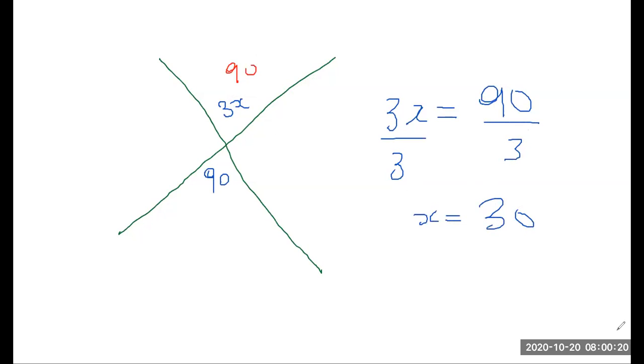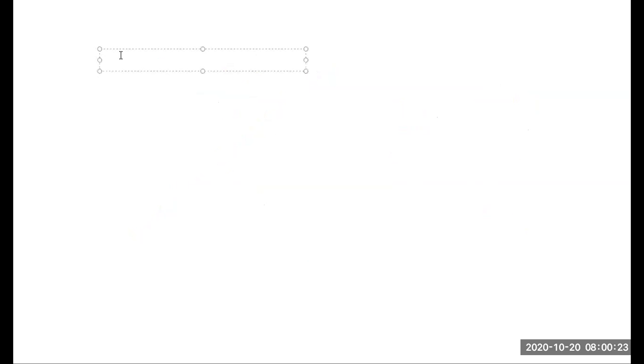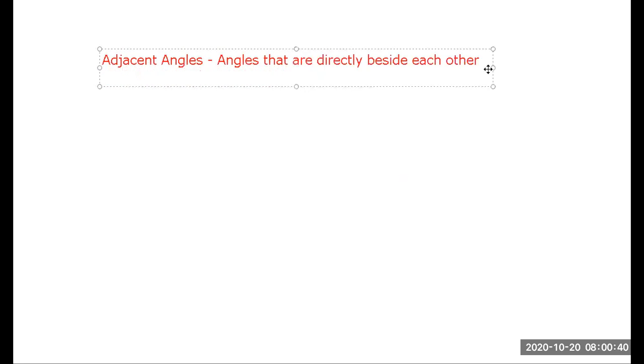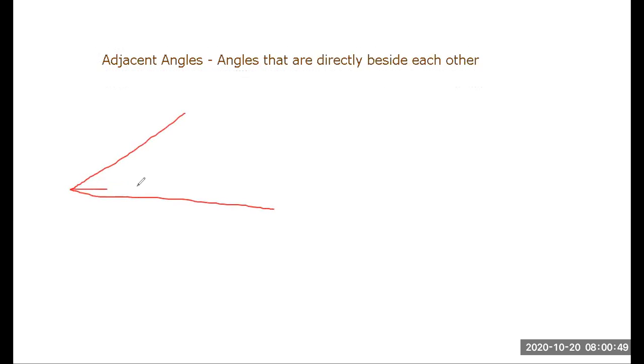All right, so let's look at the other one: adjacent angles. Angles that are directly beside each other. For example, these two angles right here are adjacent.